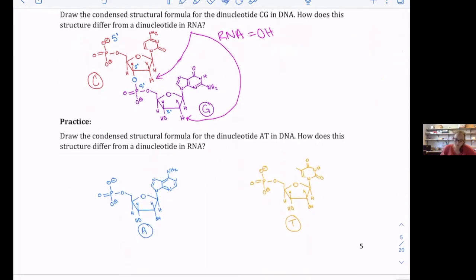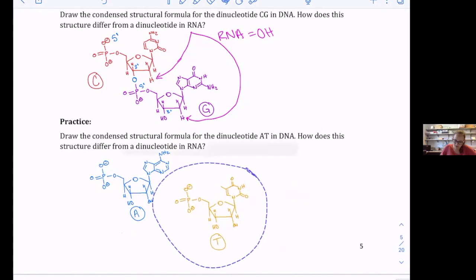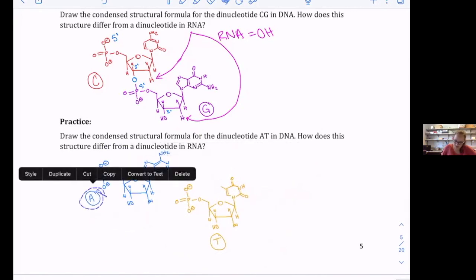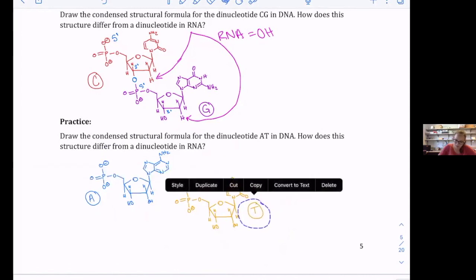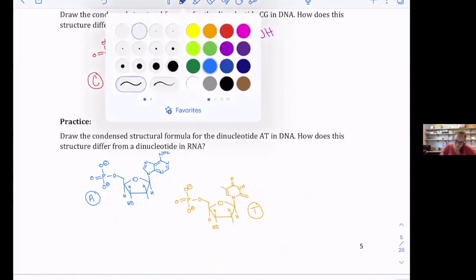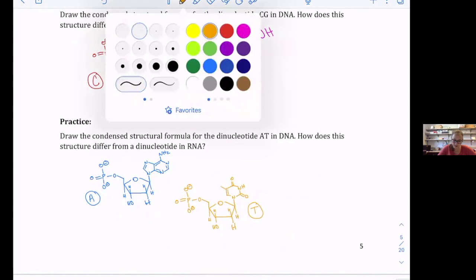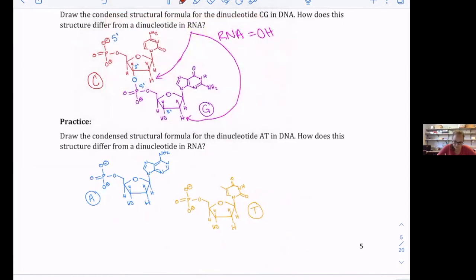So I drew A and T here. Again, I did them wrong because they are RNA, not DNA. So let's fix that real quick. Make sure we have the correct one. Okay, so now we have AT. We start with our free 5' position.